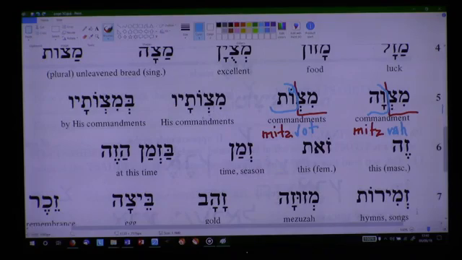In speaking of his commandments, we add a suffix and this is pronounced mitzvotav. What's the other one? Dark blue. Yeah.